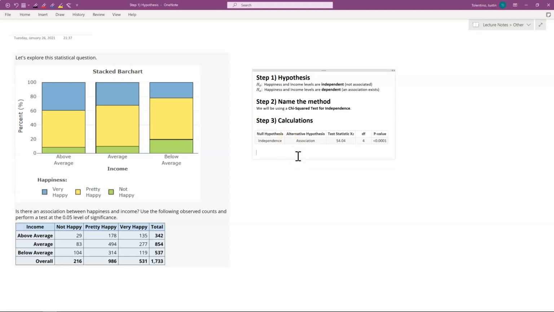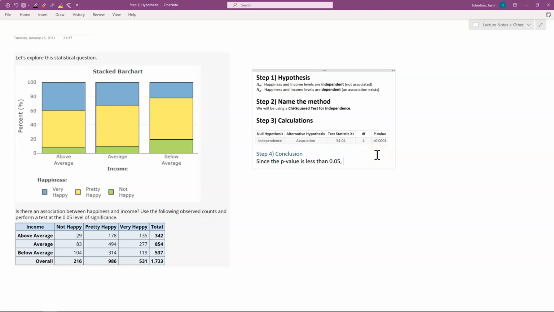Now that we have that, we can write our step 4, which is our conclusion. What are we going to say? Well, this is definitely less than our level of significance of 0.05. So we want to mention that since the p-value is less than 0.05, this means that our observations, this table, is very unlikely to be viewed if there was independence.